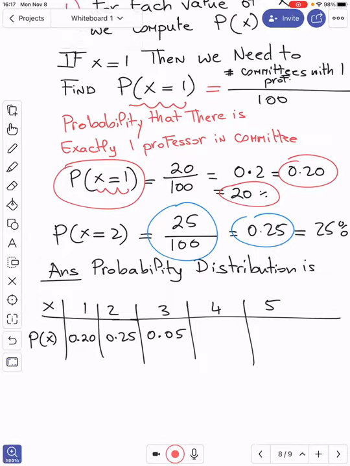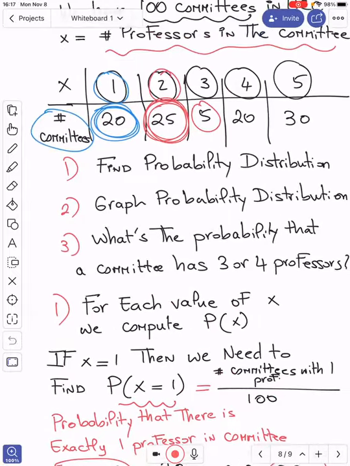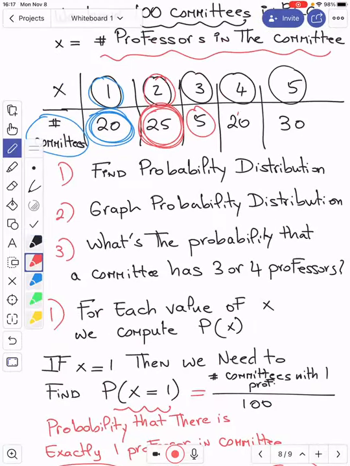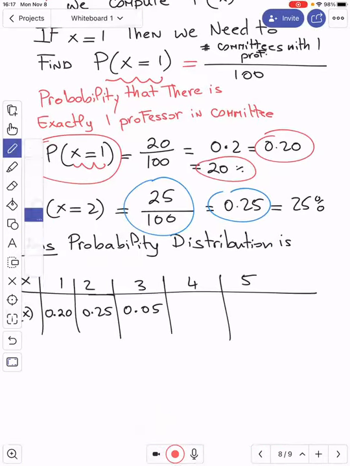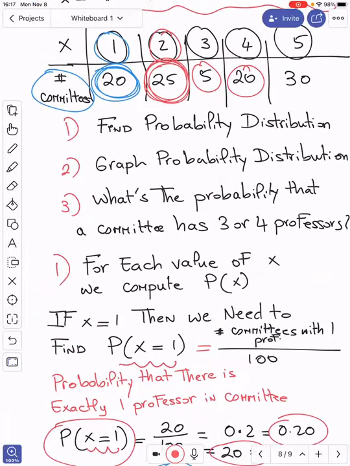Then next value, 4. For 4, we have 20 committees out of the 100, that's 20 over 100, so that's 1/5, which is 0.2, or 0.20. And finally 5. So we have 30. Sorry? 0.15? What is that? Oh, for the 30.